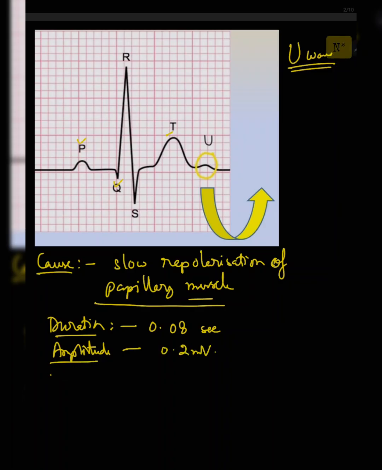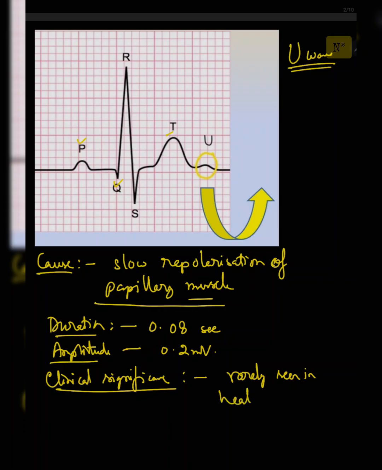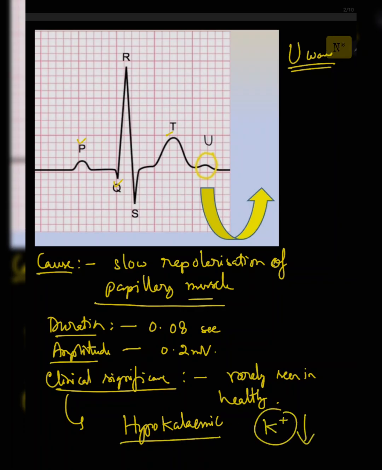Clinical significance of this is that it's rarely seen in healthy individuals but becomes significant in hypokalemic individuals. That means a person having potassium in the blood lower than the normal required level.